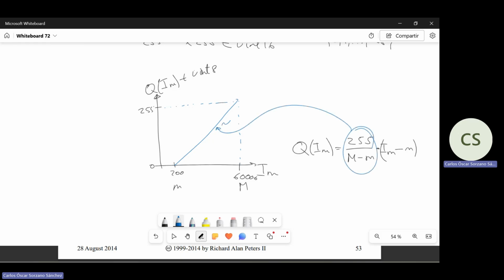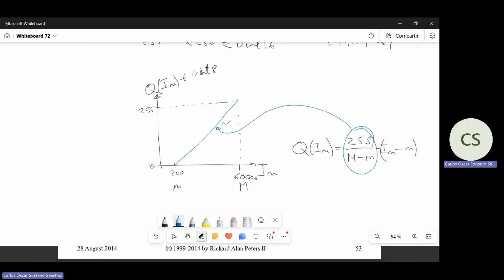So that is that slope. And then this m, that is the minimum value. So let's say that the image takes the minimum value. If it takes the minimum value, it will be 200 minus 200, that is 0. 0 multiplied by anything is 0.